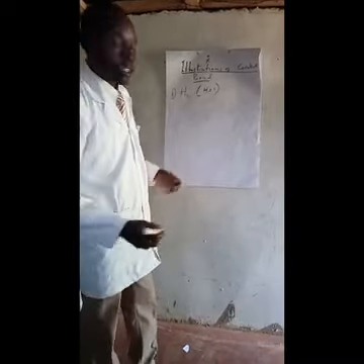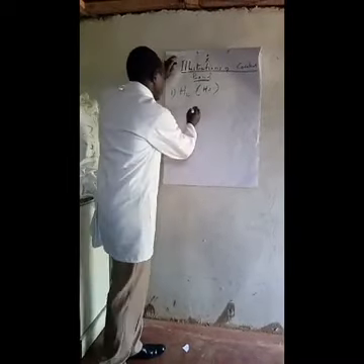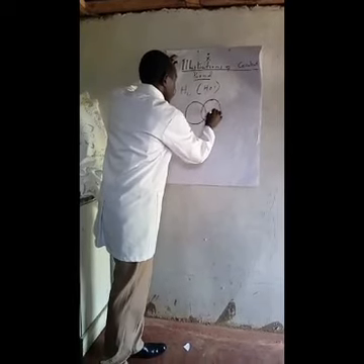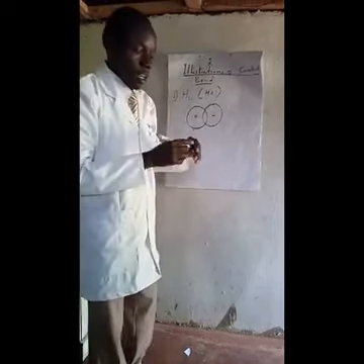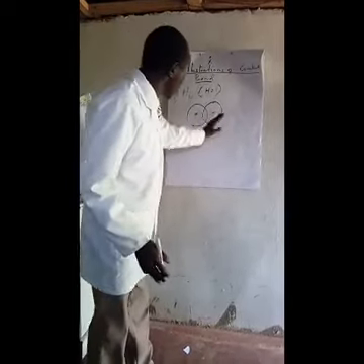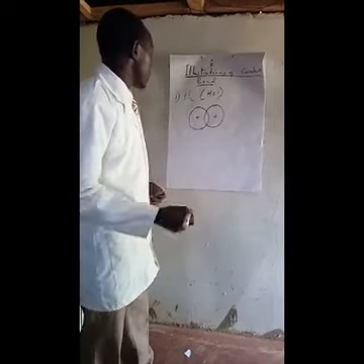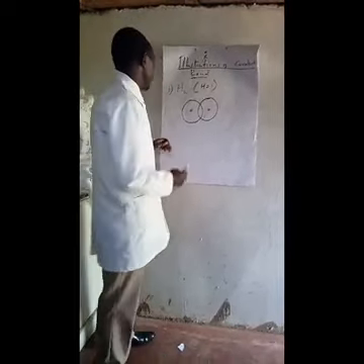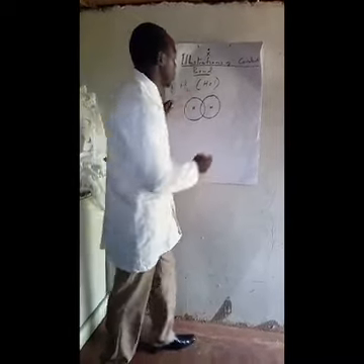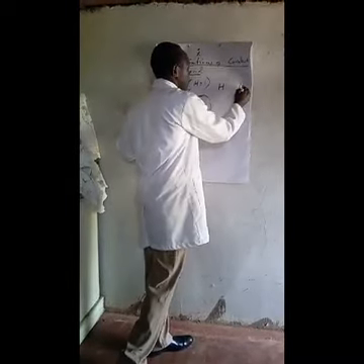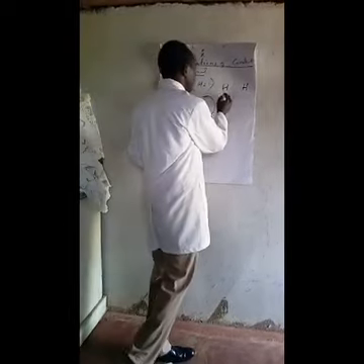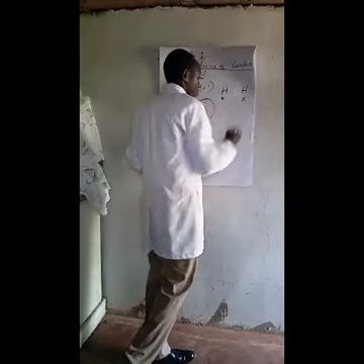So you draw 2 atoms and let them attach like this. The electron configuration of each hydrogen is 1. So let me use a dot for this one and a cross for that one.